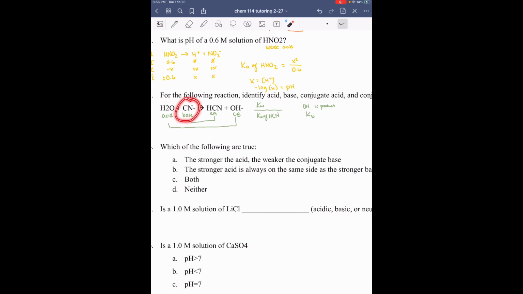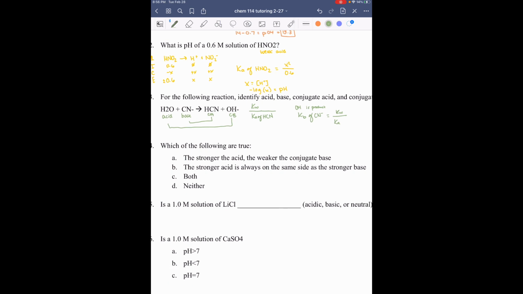We have the Kb of our base, CN minus, because it's what is going to accept that hydrogen. So Kb of CN, but we don't have Kb of CN. So that's equal to Kw over Ka of the conjugate acid. In this case, the conjugate acid, you add a hydrogen, so HCN, which we also identified here, the conjugate acid. So you can do it either way, you get the same answer. Just depends on how you like to look at these types of problems and what works for you.